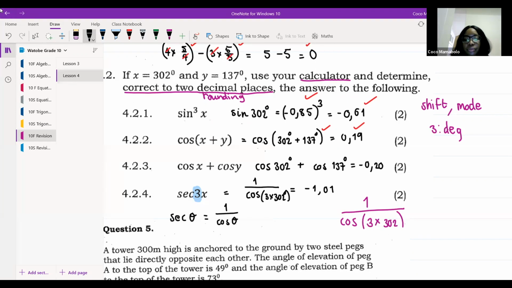So for those of you who are getting 5.66, did you put everything over 1, or did you just go cos of 3 times 302? Those of you who got 0.99, that's what you did. The 5.66 people, you guys need to come and explain yourselves.